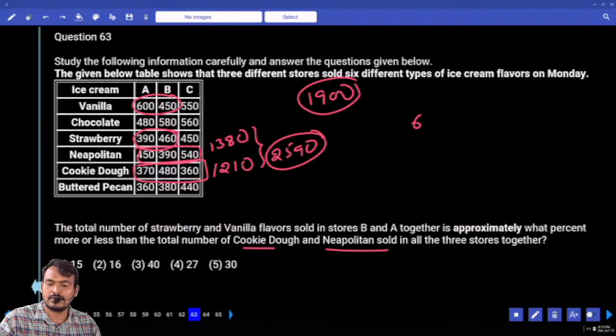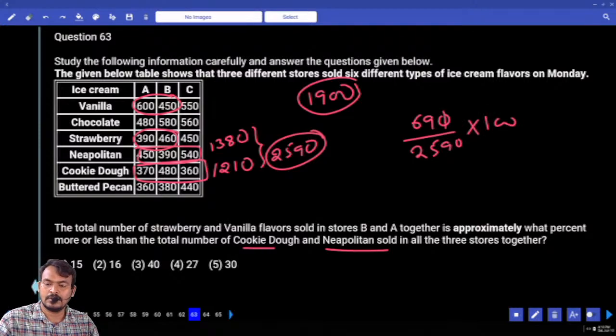How much value? 690 upon 2590 into 100. Zeros are cancelled. What is the 10%? 25.9. 20%? 51 point something. More than 20%. What is the 30%? 75. It must be more than 20 but less than 30. Then answer 27.